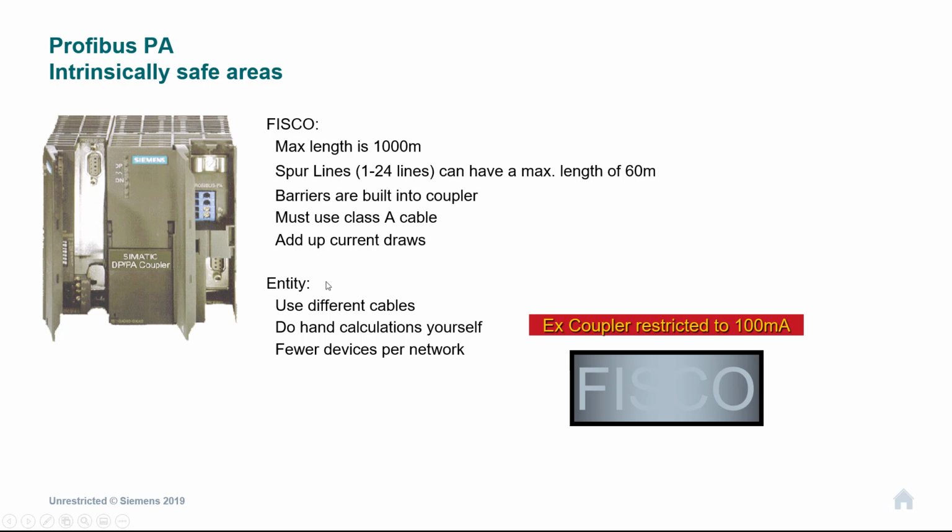We would never recommend using different cables. Once you choose your cable, you must stick with it across the whole of your network. But you do have to do these calculations for current draw and bytes and spur lengths and trunk lengths yourself. So there's a bit of engineering to do.